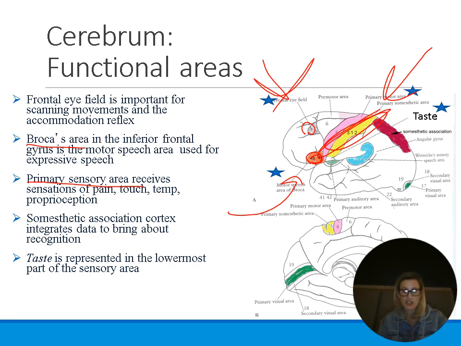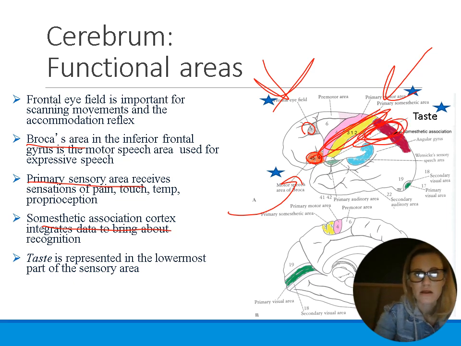Also, the sensation comes from the contralateral side of the body. So sensations from the left side of the body are received and processed on the right side of the brain, and vice versa. The somatosensory association area is this area that is back behind the primary cortex.